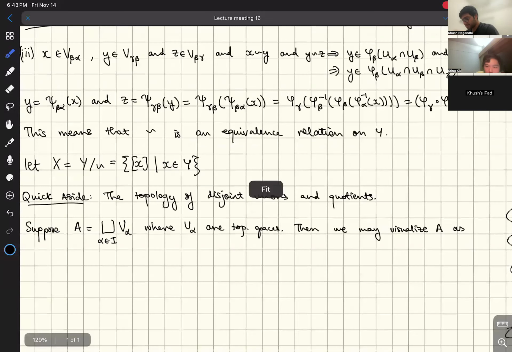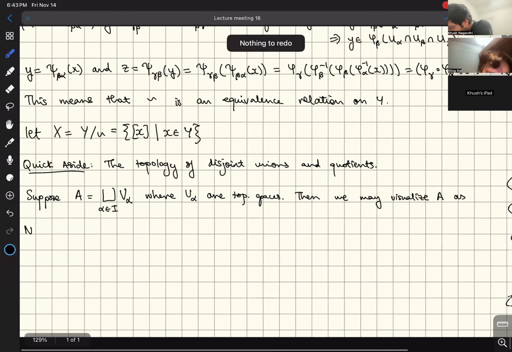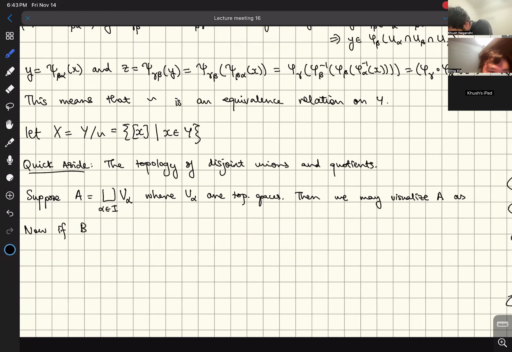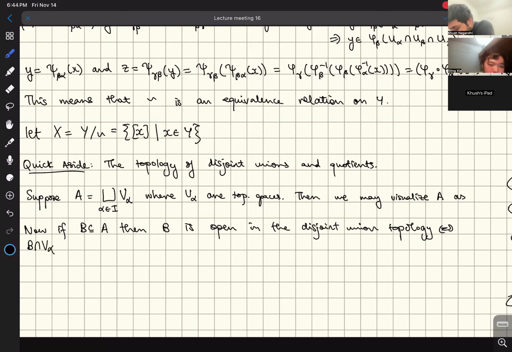Now if B is a subset of A, then B is open in the disjoint union topology if and only if B intersected with each of the V alphas is open.